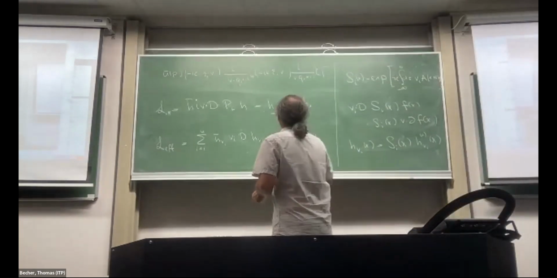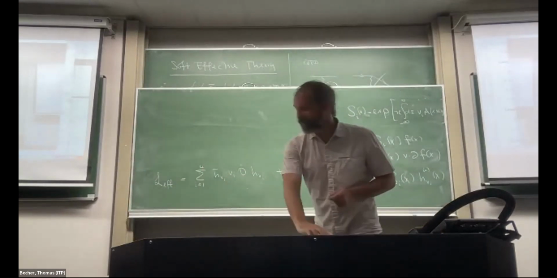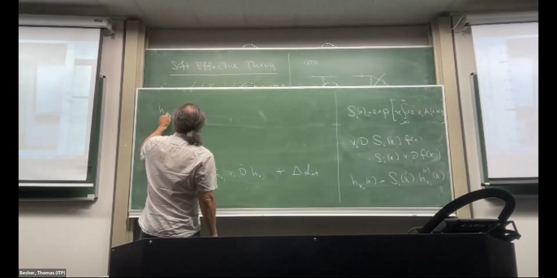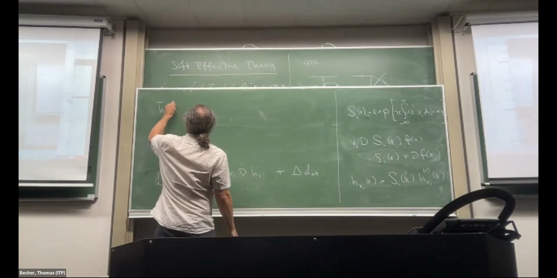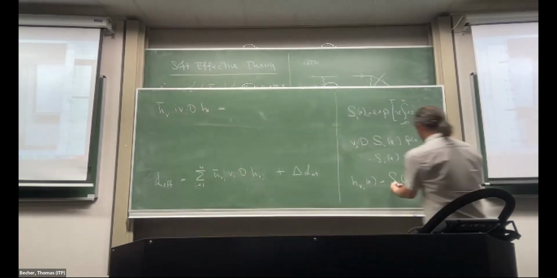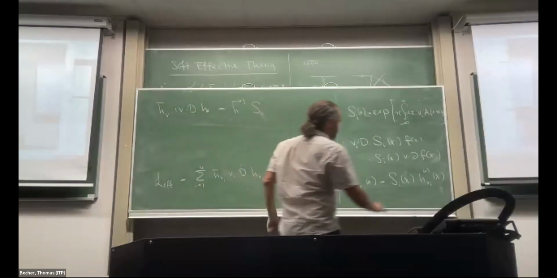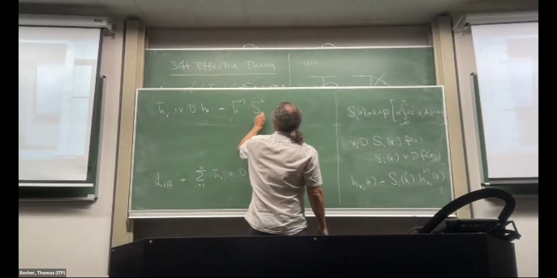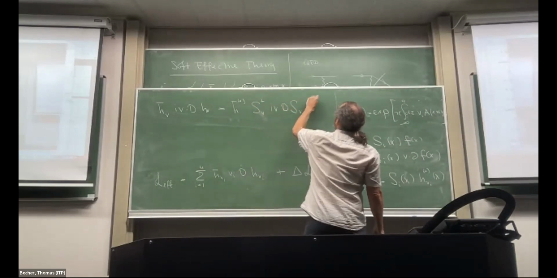So now I can plug this into the Lagrangian. Let me just take one copy of this. I will not write the i, but now we'll just use one velocity: h bar v i v dot D h v. I'll plug this in. Then I'll get h bar 0; the bar is the dagger of this, so I'll get an S dagger of v, then i v dot D S_v and h_0.